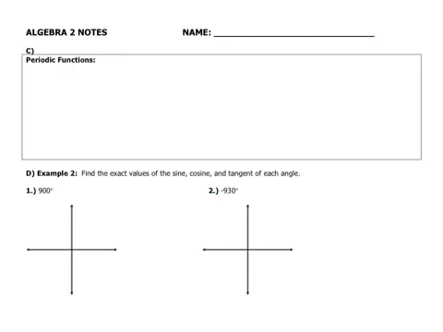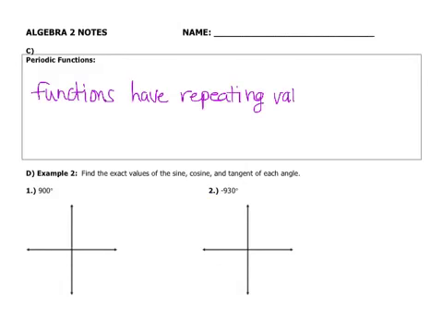Second page. Sine and cosine are what we call periodic functions. What this means is that the functions have repeating values. How often do the functions sine and cosine repeat?